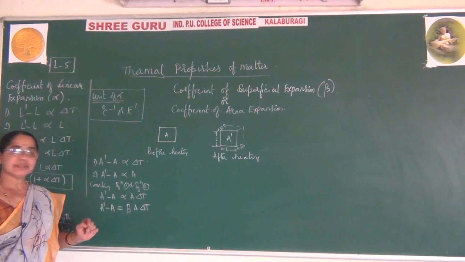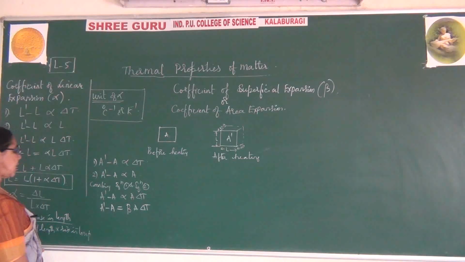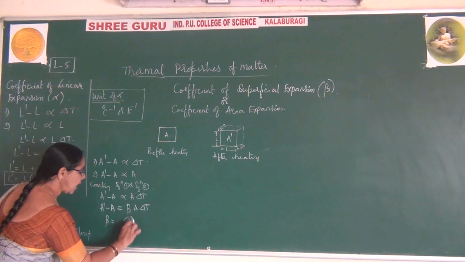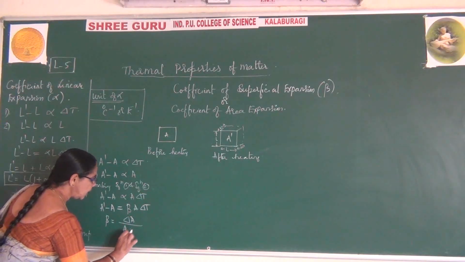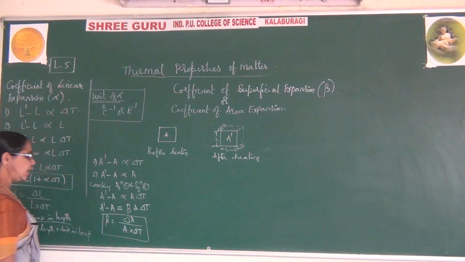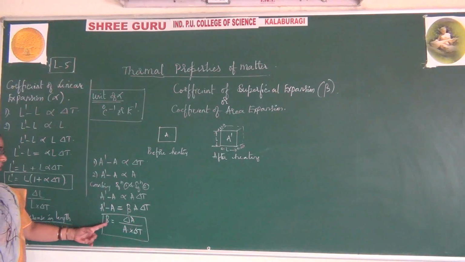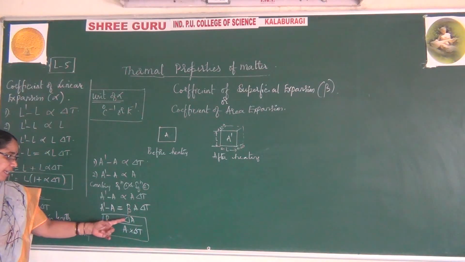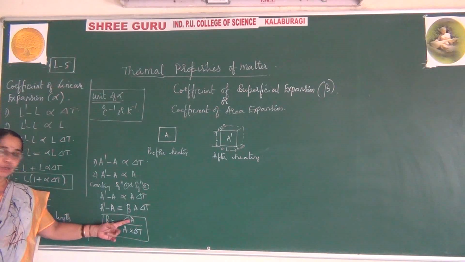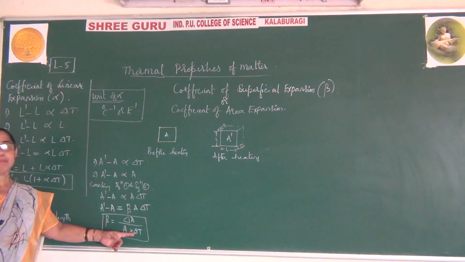Now I can rewrite the formula as beta is equal to delta A by A into delta T. What is this beta called? Coefficient of superficial expansion. That is the change in area per original area, per unit rise in temperature.